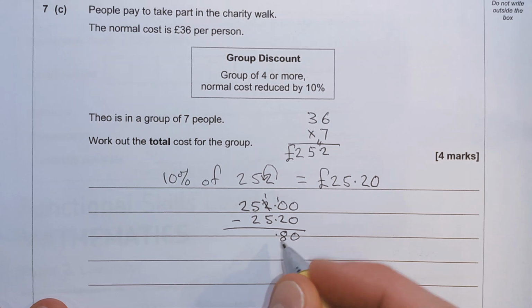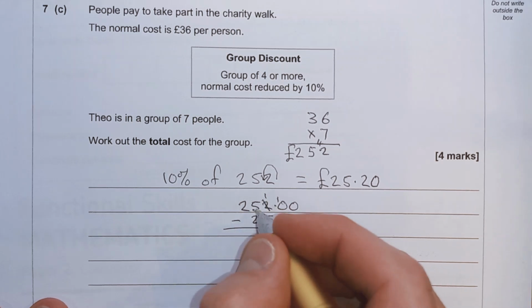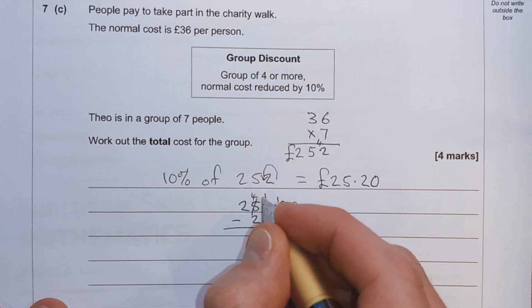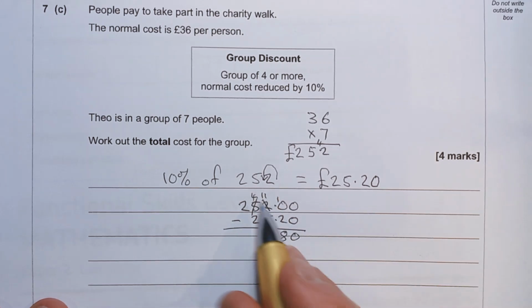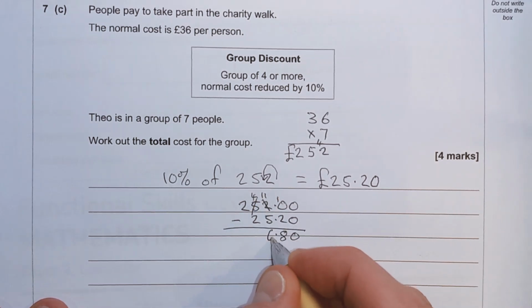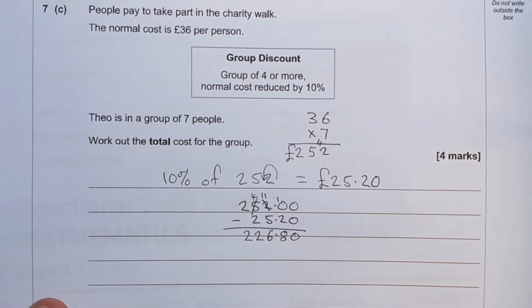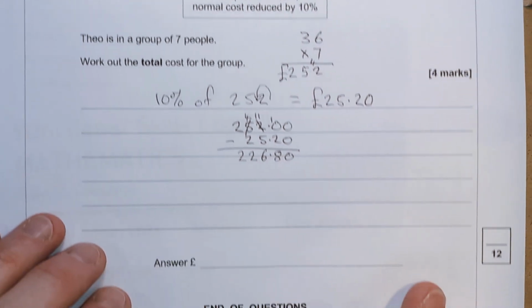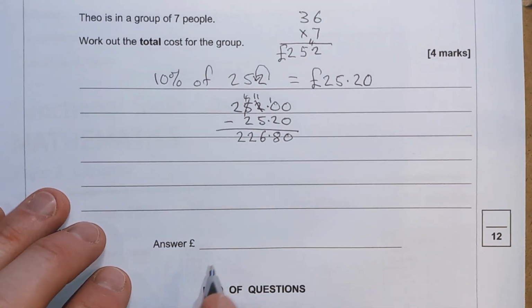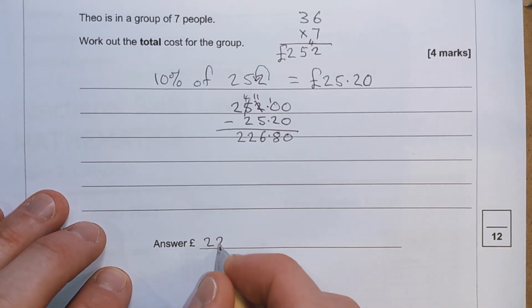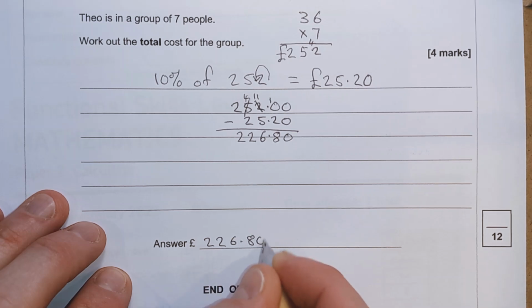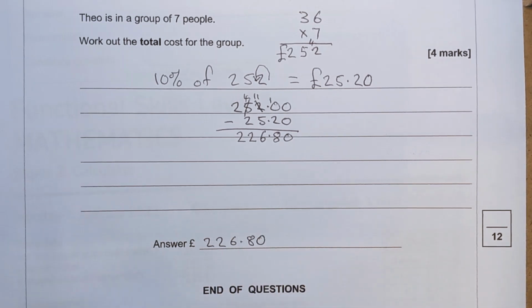Bring down the decimal point. 1 minus 5 we can't do because 5 is bigger than 1. So reduce that to a 4 and make that 11. 11 minus 5 is 6. 4 minus 2 is 2. 2 minus nothing is 2. So they've already given us the pound sign here. So £226.80. And that's the end of the non-calculator section.